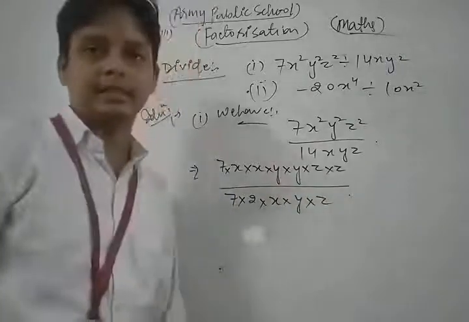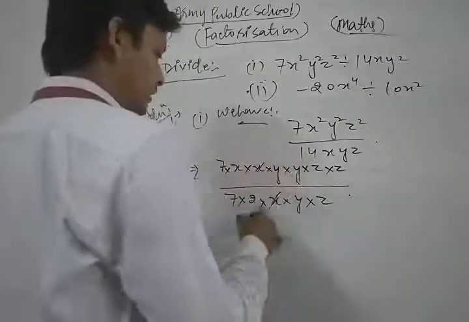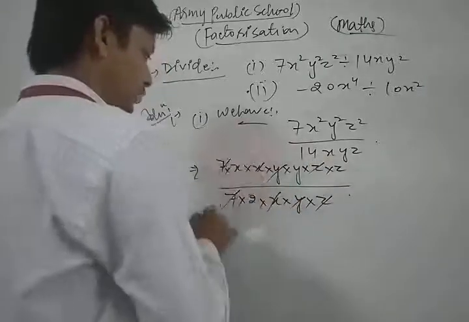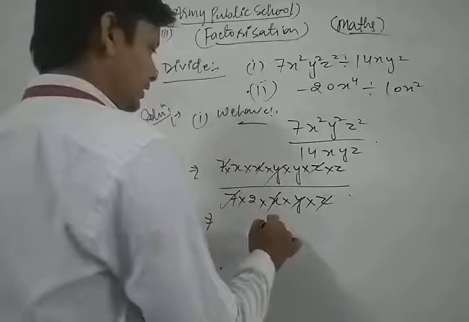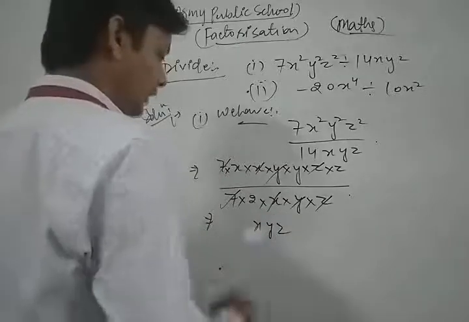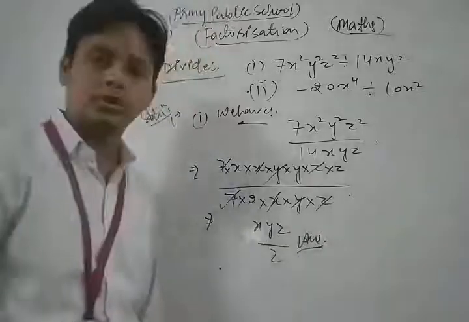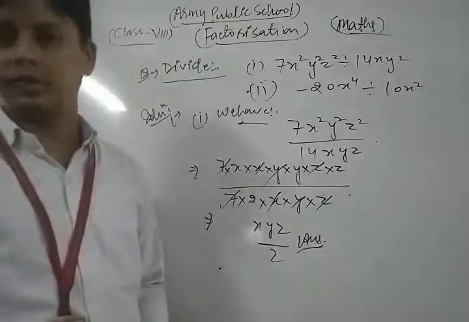Now x cancels, y cancels, z cancels, 7 cancels. So we get xyz in the numerator, divided by 2. This is the required solution of the given question.